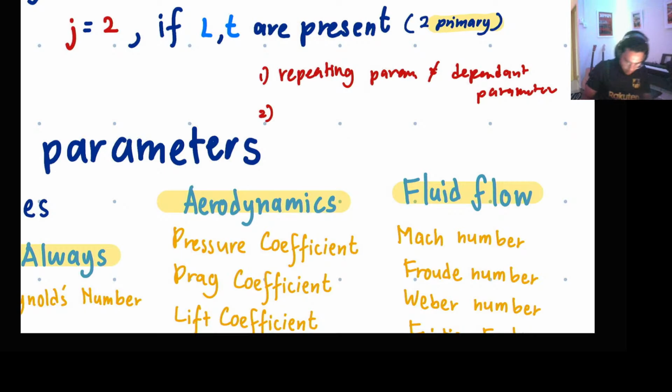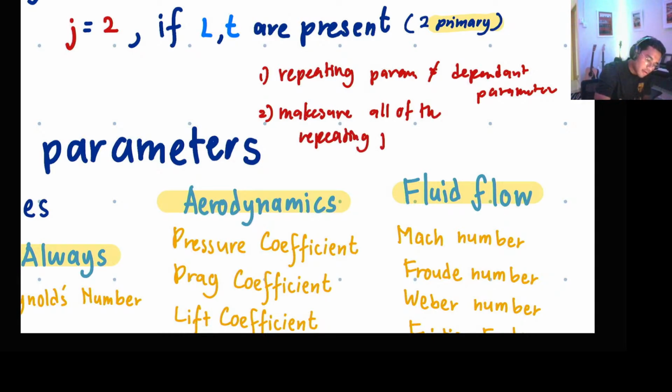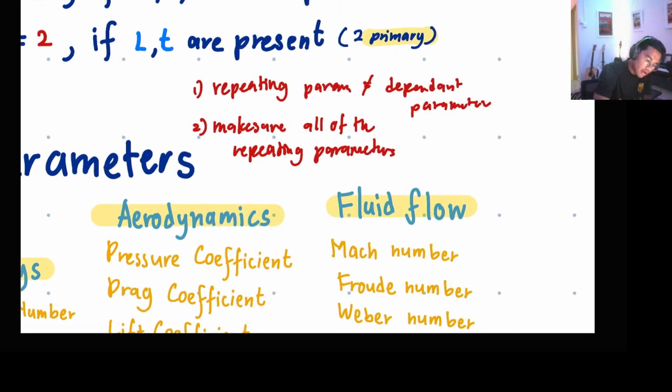Number two, we must make sure all of the repeating parameters include MLT, or all of the primary dimensions.